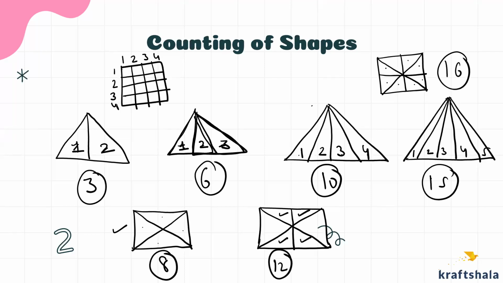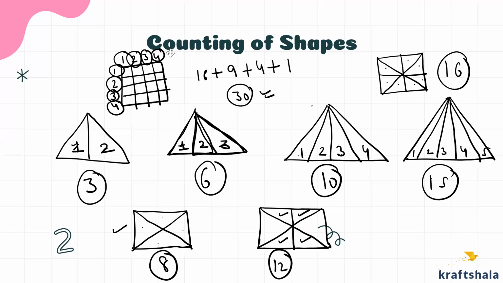Now, how to count? Go in the reverse order. This multiplied by this, 16, plus this multiplied by this, 9, plus this multiplied by this, 4, plus this multiplied by this, 1. 16 plus 9, 25, plus 4, 29, plus 1, 30. The number of squares is 30.